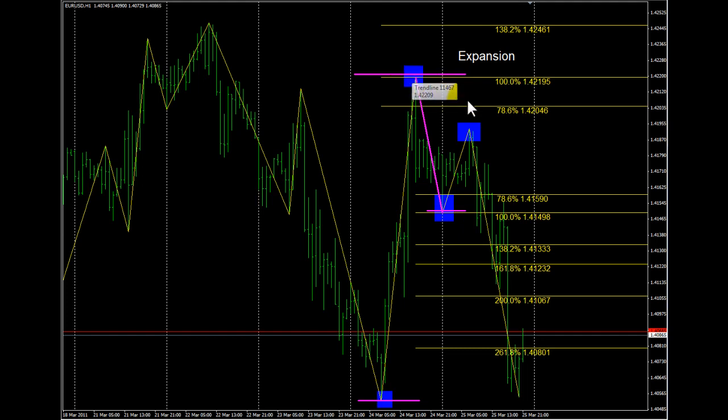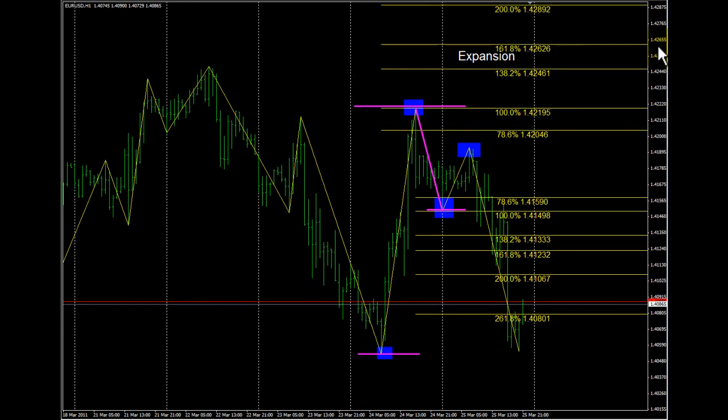And it starts out at the 78.6%, which isn't really outside of range. You got to go over 100%. So the first extension outside of the price range is at 138.2%. And if I make this smaller, the 161.8% and the 200%.